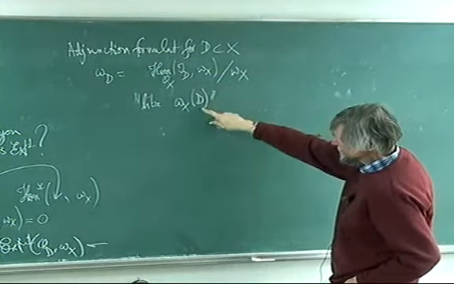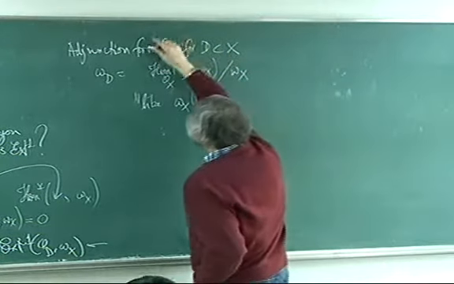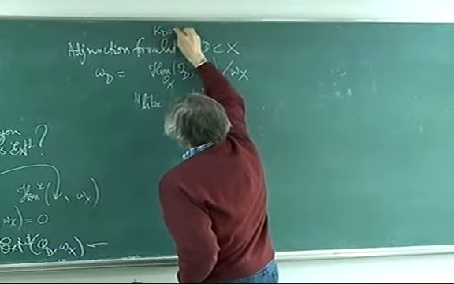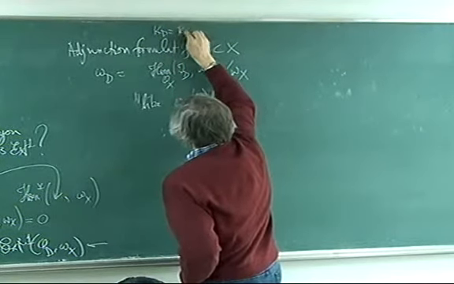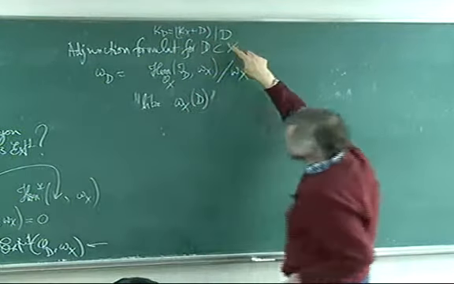So this is the guy that's not allowed to have any poles. So I think everybody knows the adjunction formula: K_D is K_X plus D restricted to D, and that's a particular case of this.